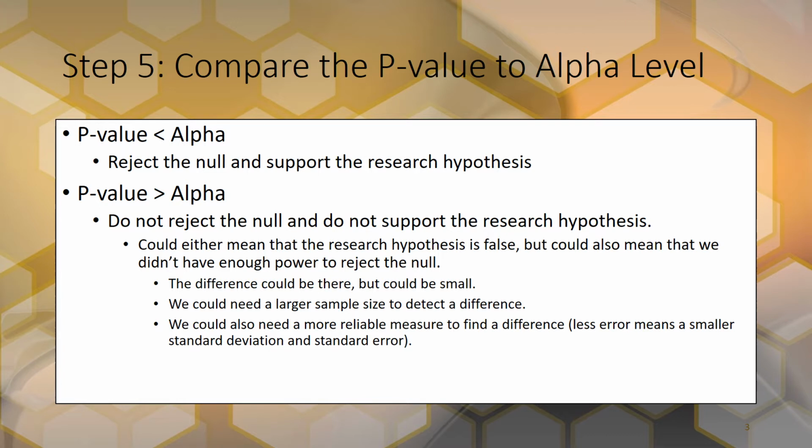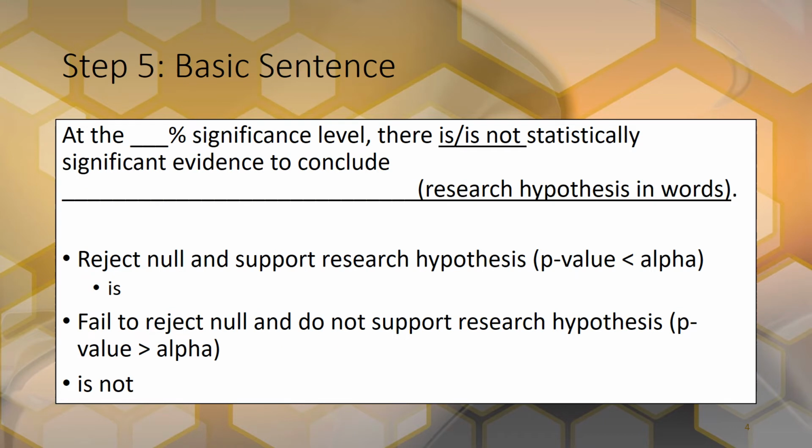So just remember that if you don't find support for your research hypothesis, it doesn't necessarily mean that your research hypothesis is false. It just means you don't have enough evidence for it. It could mean that it's not true, but it could also mean we just need better data to support it. So after you compare the p-value to your alpha level, you need to write a sentence.